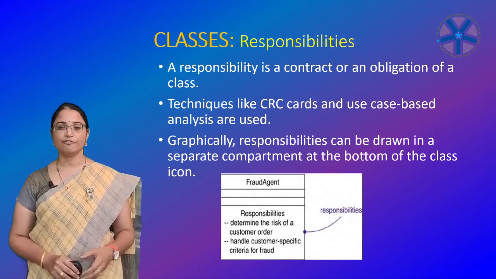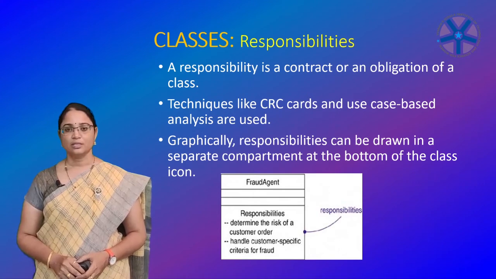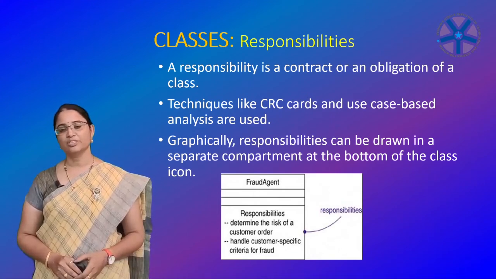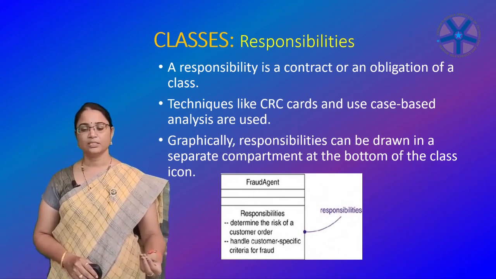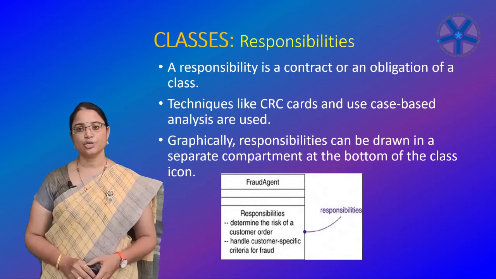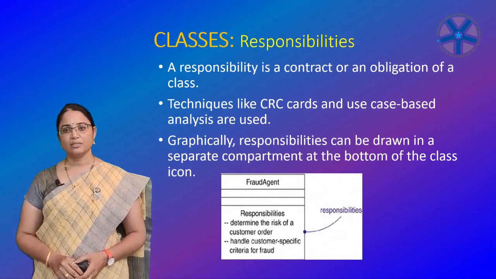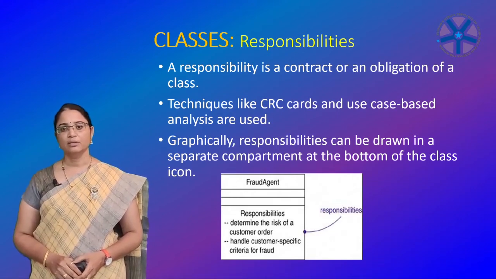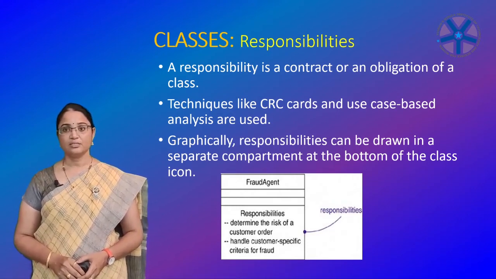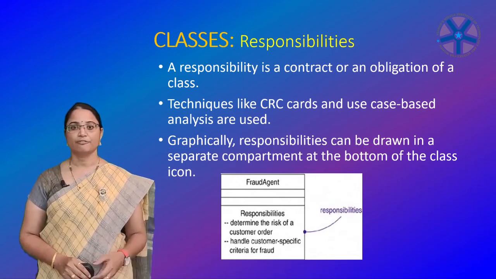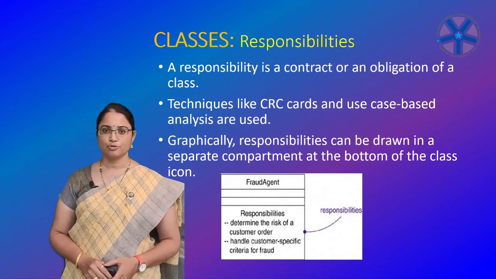Responsibilities are just free-form text. See in the figure also we have written two English-like statements. In the same way you will use free-form text for responsibilities. In practice, a single responsibility is written as a phrase, a sentence, or a short paragraph. That might be a responsibility.